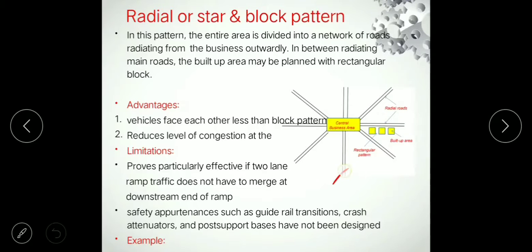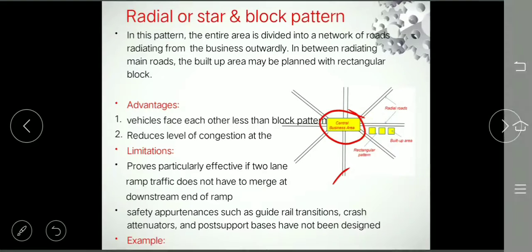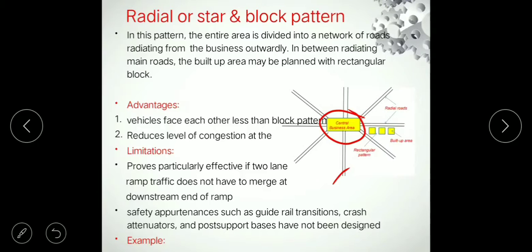So in this figure you can see that at the center there is a business area and some roads are radiating outward from it, and in between these radiating roads some blocks or plots may be plotted. This type of pattern is called star with block pattern.